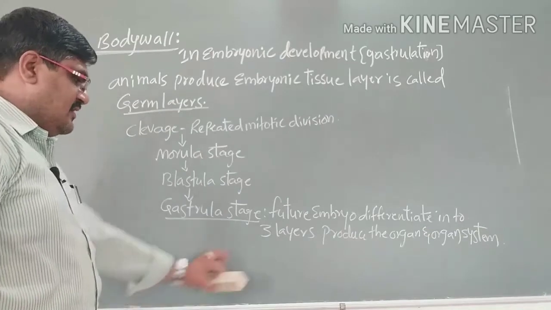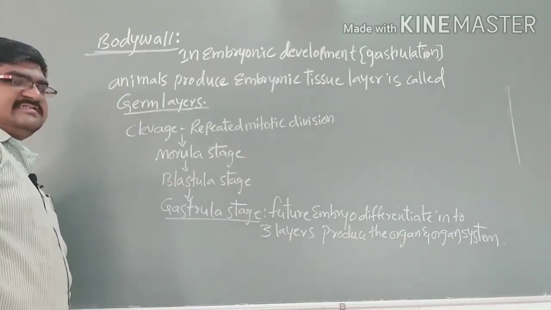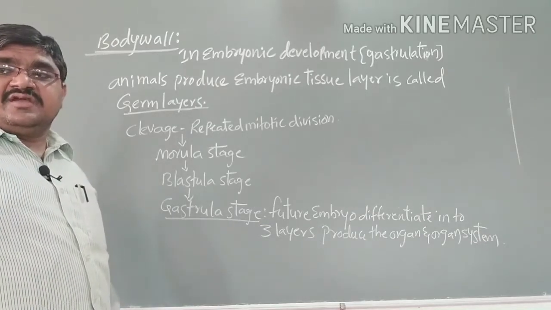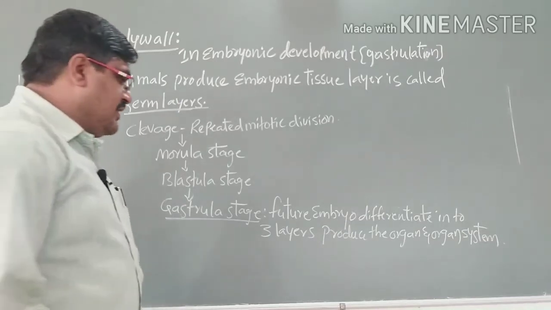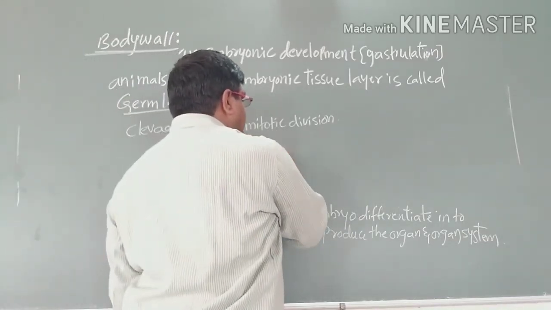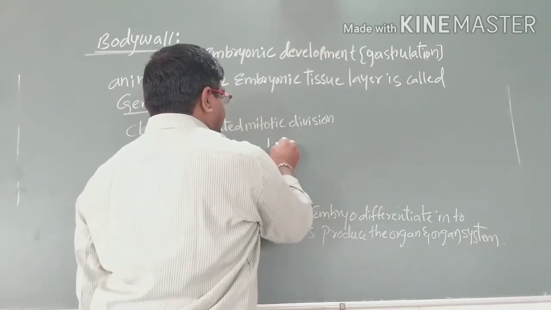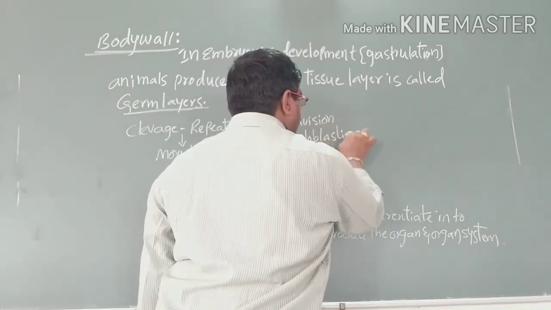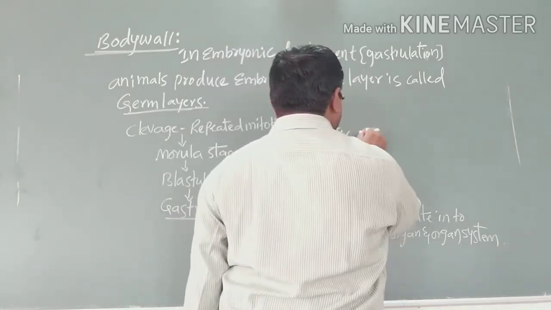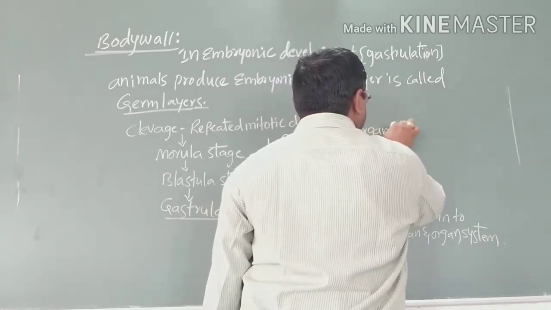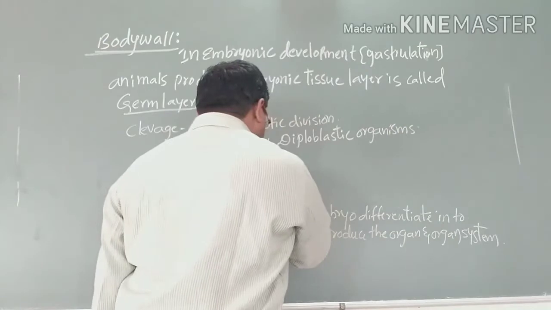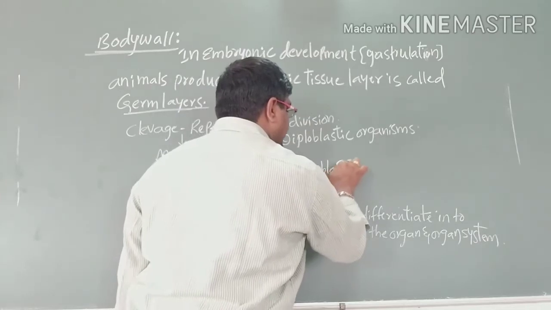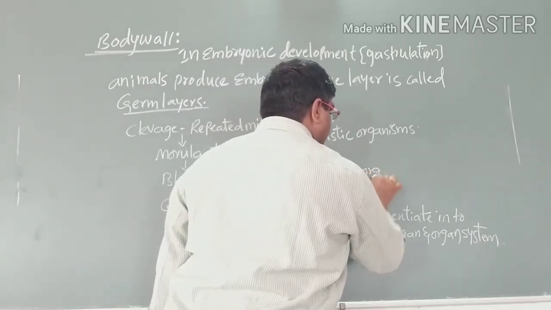In animals, there are two types of layers present, the germ layers or body walls. The first one is diploblastic organisms, and the second one is triploblastic organisms.